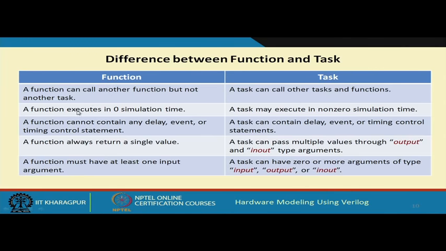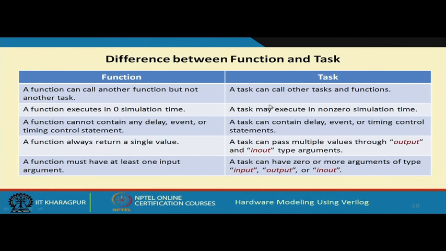Now, in a function the concept of delay is not there. It is assumed that a function will execute in time 0, but in a task, as in the example that I have shown, you can also include some delays. So, it can execute in non-zero simulation time. A function usually contains only combinational assignments, nothing else, but a task can be more general.